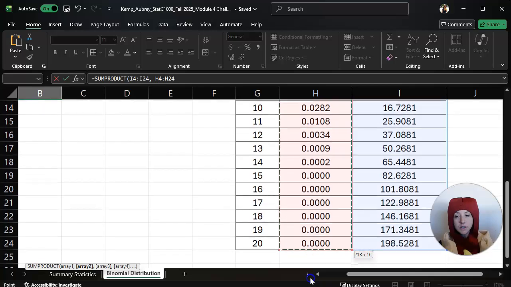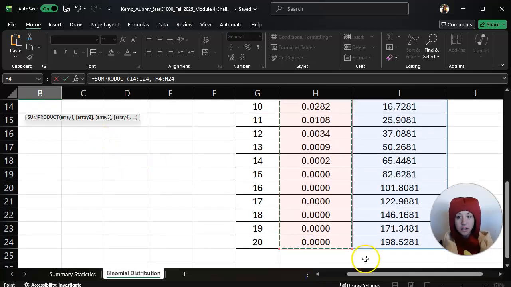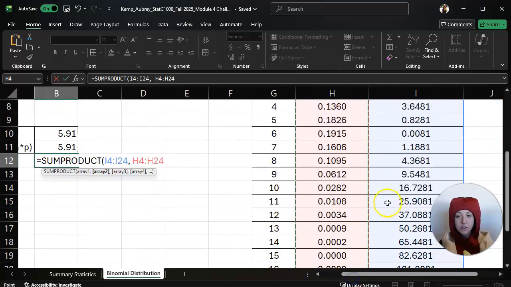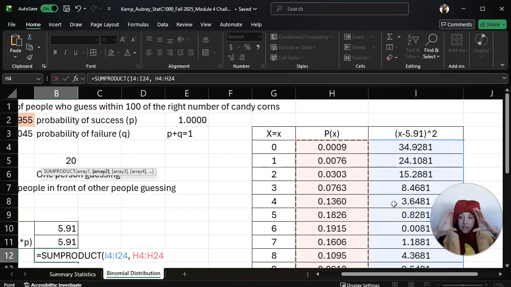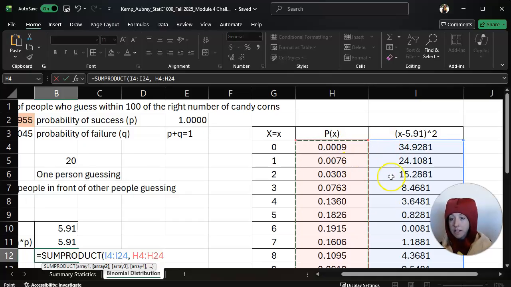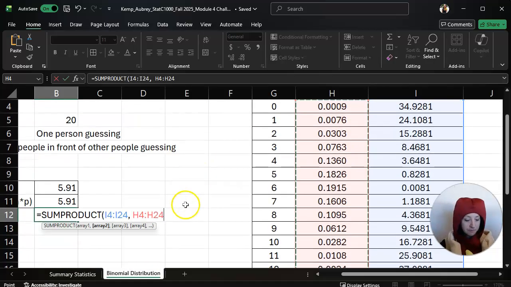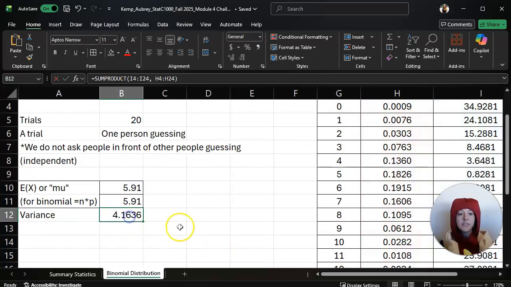So in our previous videos where you've seen me use sum product, I've explained that if you highlight columns or arrays that are the same size, it understands you are multiplying these pairwise in rows. So it knows you're trying to take the product and then add them all together. Okay, so if we do that, this is the variance of our data set.